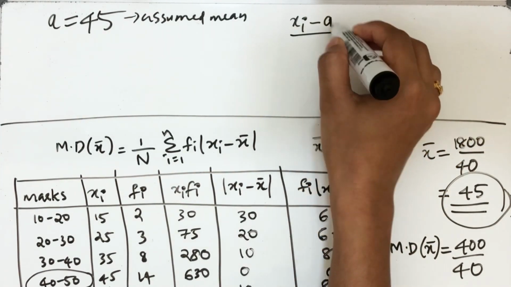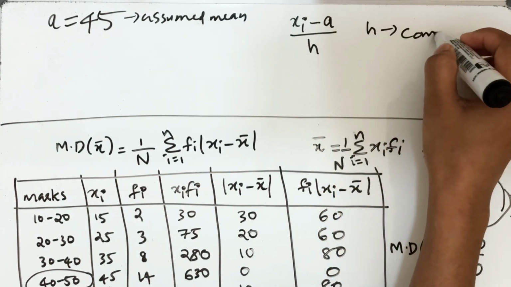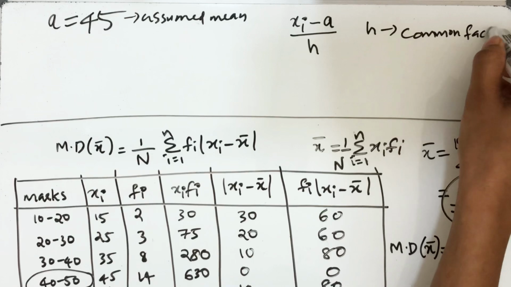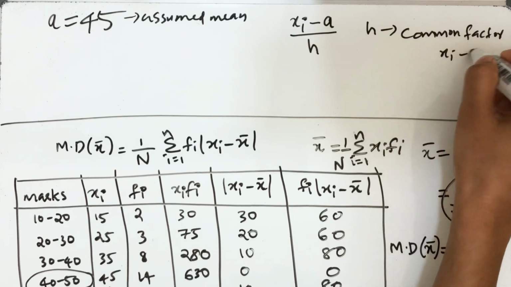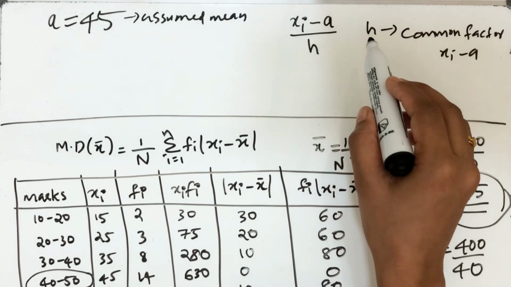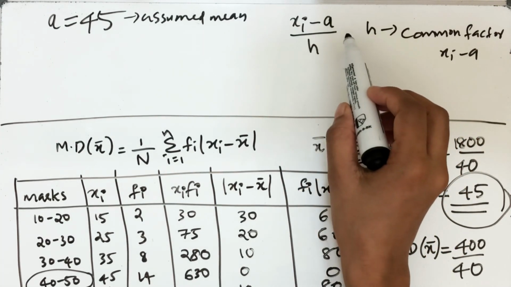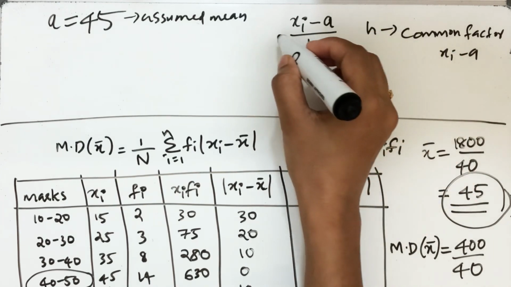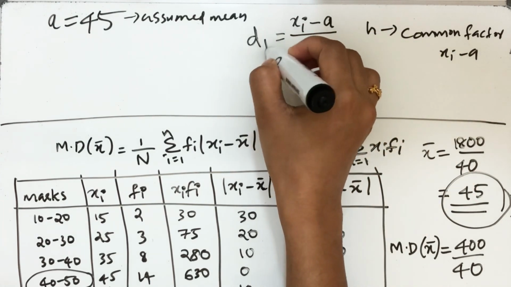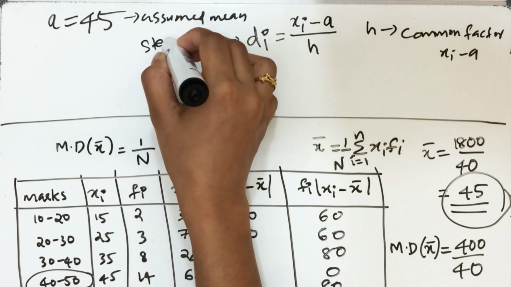So take xi minus a by h, where h is the common factor of this deviation. We have x1 minus a, x2 minus a, like that, xn minus a. So take the common factor and divide by it. This we call the step deviation, denoted by di.